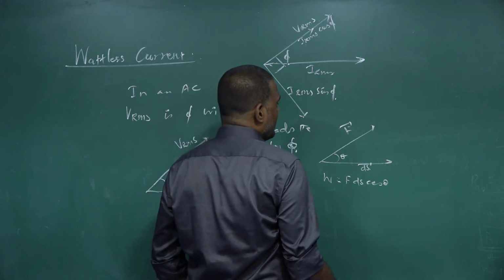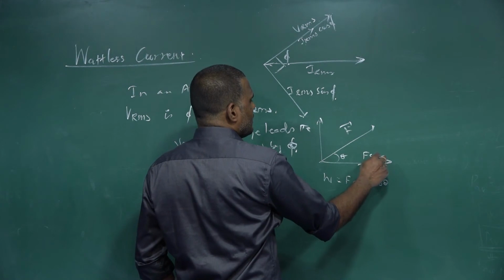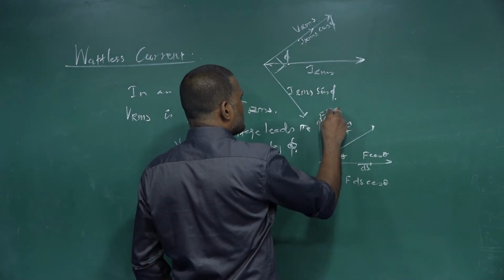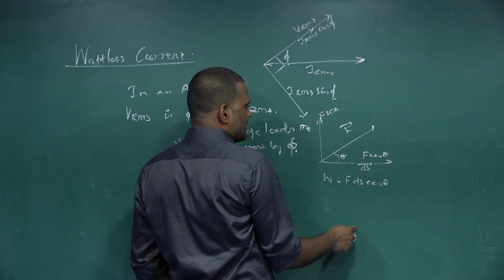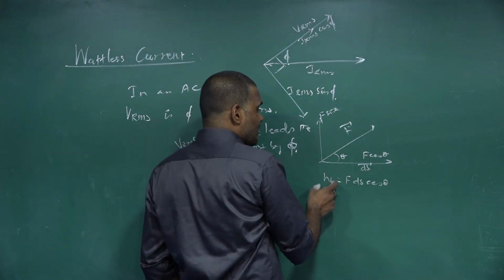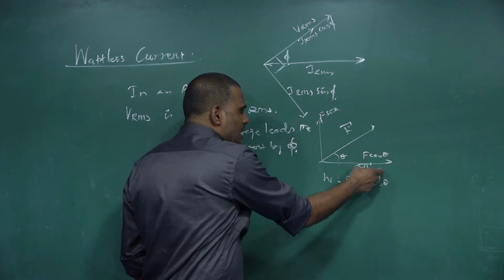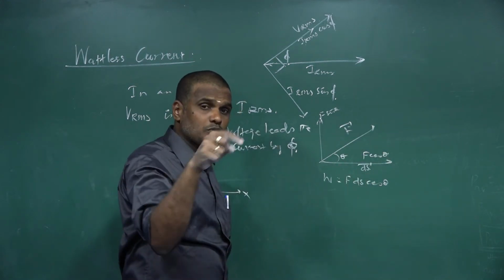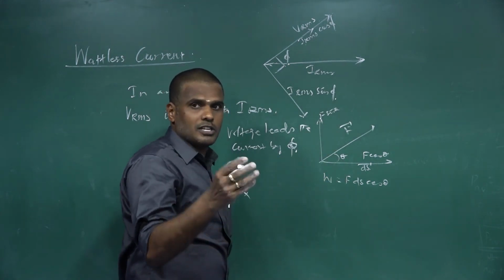If the force is resolved into two components, I can write F cos theta and F sin theta. So I have to take a product of F cos theta into ds to calculate the amount of work done. If this component acts along the displacement, then that will do useful work. If it is acting perpendicular to the displacement, the force does not do any work.